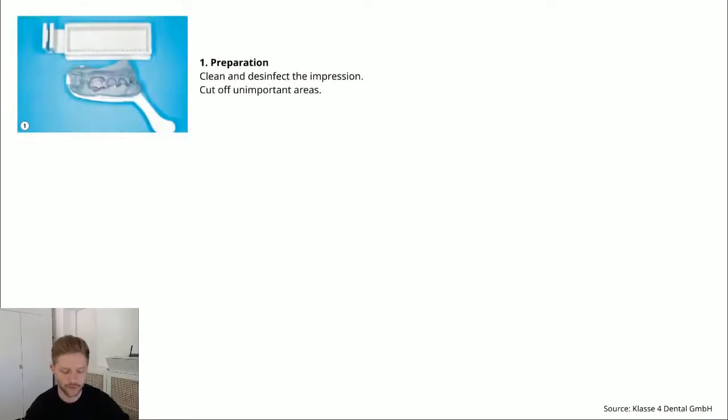Before we start with the scanning, I first want to explain how you are going to produce these kinds of models right here, for those of you who haven't done it already. The first step is, as always, the impression.